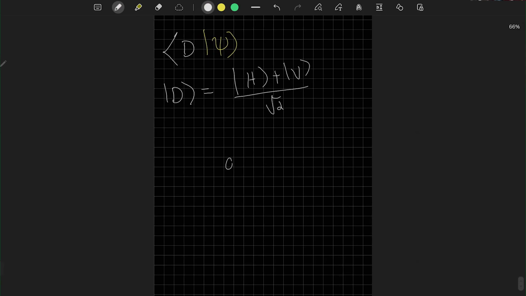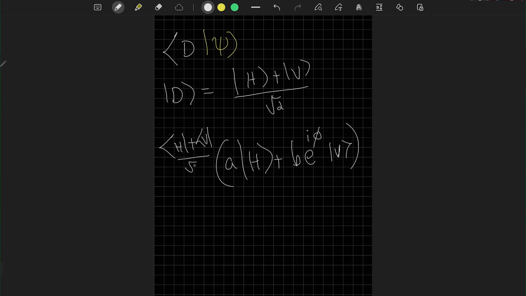A cat H plus B e^{i phi} cat V, and bra D. So this gives me 1 over root 2, A plus B e^{i phi}. Right?